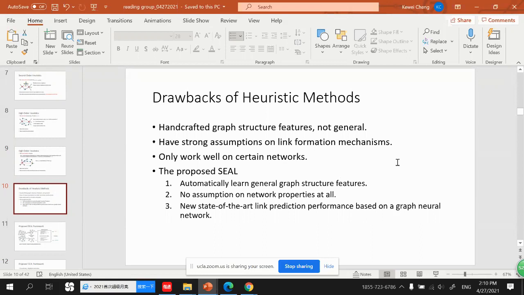However, as we pointed out before, one of the main advantages of the heuristics method is that they calculate the score to define the proximity of two nodes by only leveraging the structure information of the networks. So there's no need for training in order to predict the link, which is good for computational efficiency.